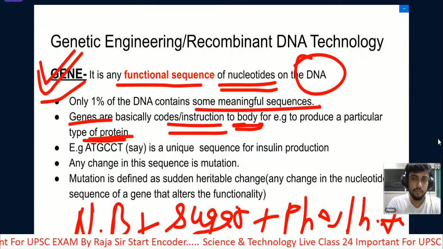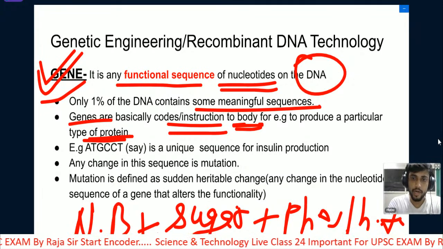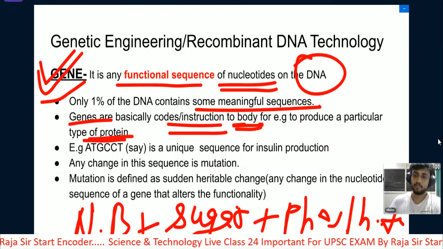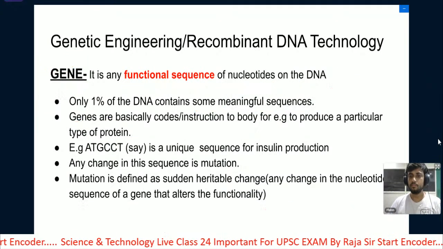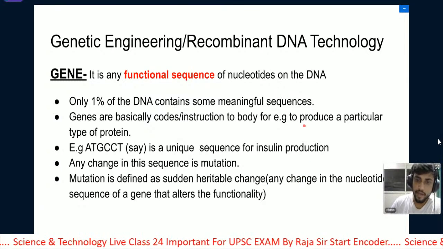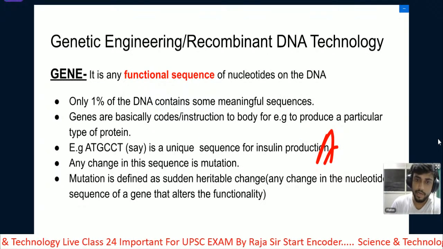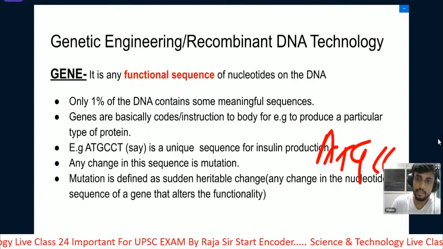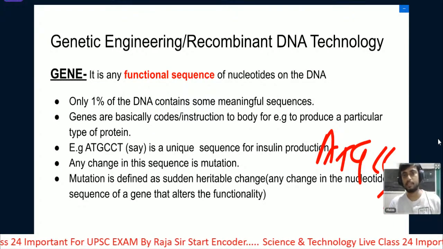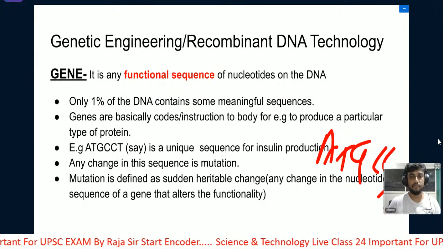A gene is a functional sequence of nucleotides on the DNA. Like we have the arrangement A, T, G, C, C, T, the nitrogenous bases arranged in a linear fashion.